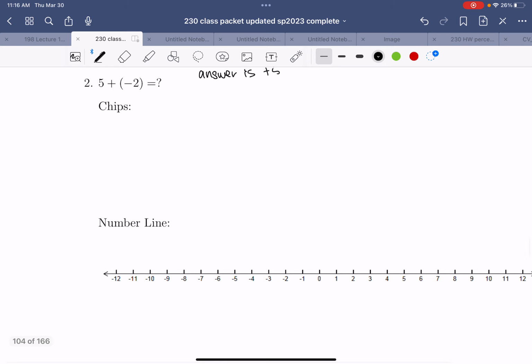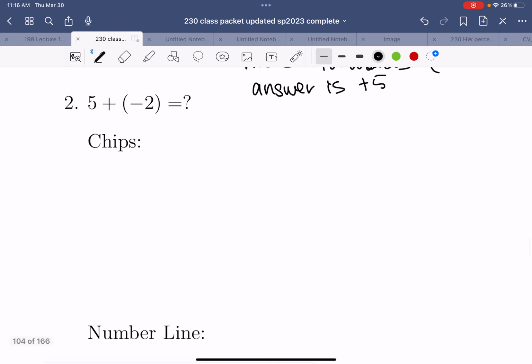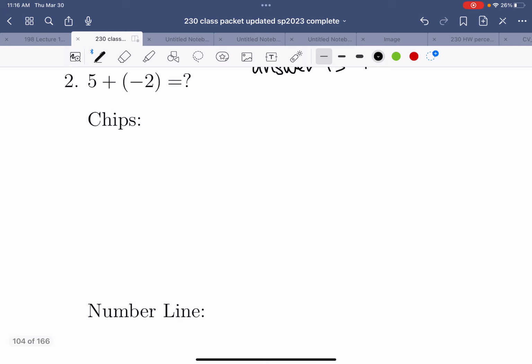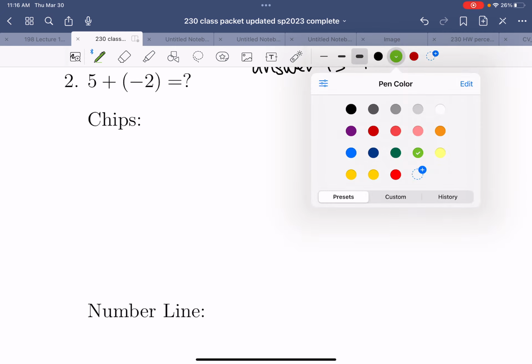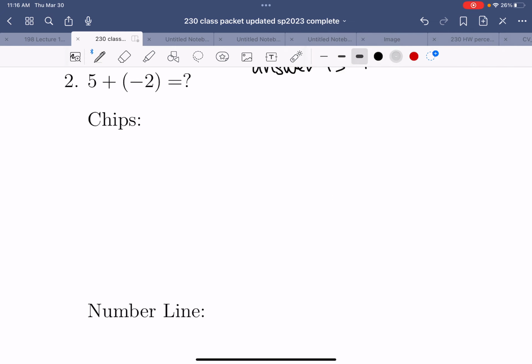So let's look at the next one. 5 plus negative 2. In terms of chips, I'm going to start by representing the first number. So I'm going to have 5 white chips. And then I'm going to represent the second number. I'm going to represent the negative 2 with 2 red chips.